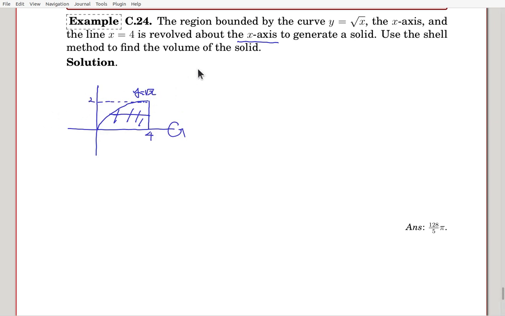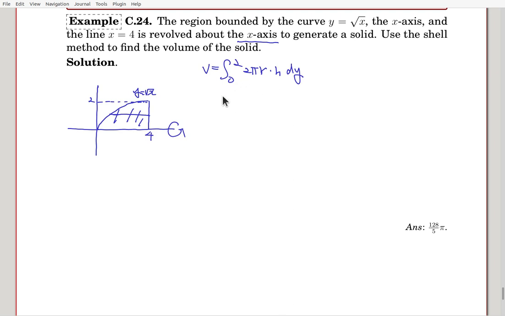So the volume is the integral from 0 to 2 of 2 pi r times h, where h is the height. That is the area of the shell at each point y. We'll figure out what r and h could be.